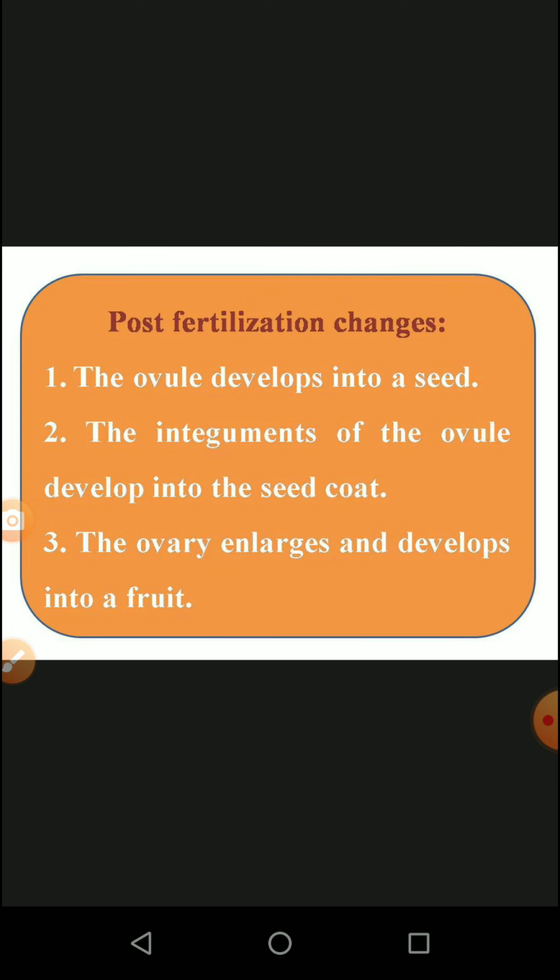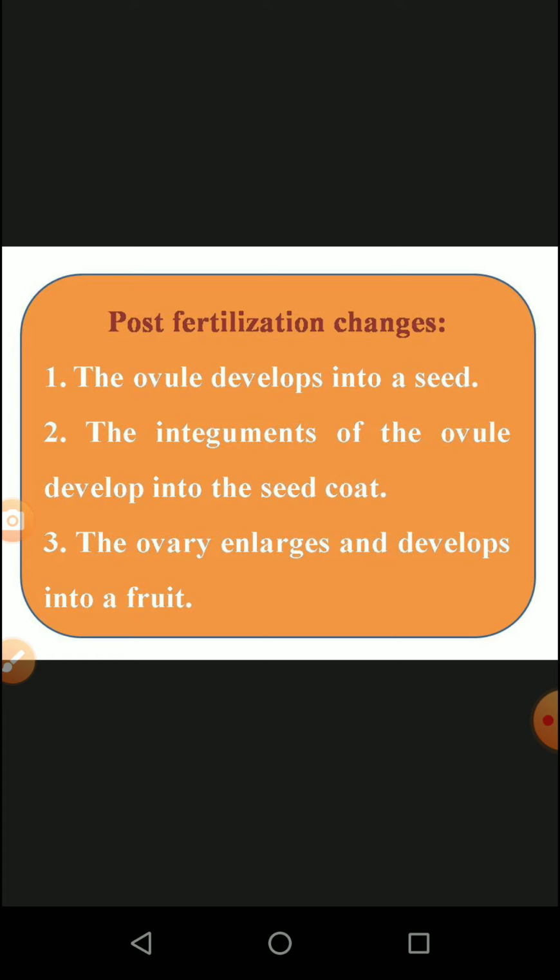Then the last and important part of sexual reproduction: the post-fertilization changes. The ovule develops into the seed. The integument of the ovule, the outer layer, develops into the seed coat.